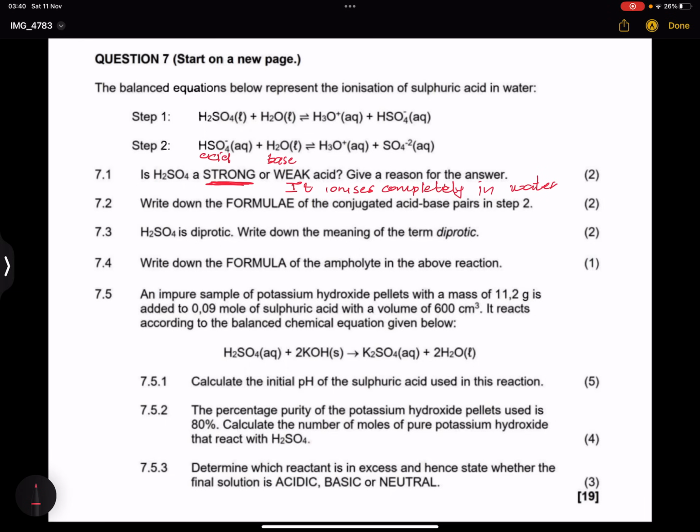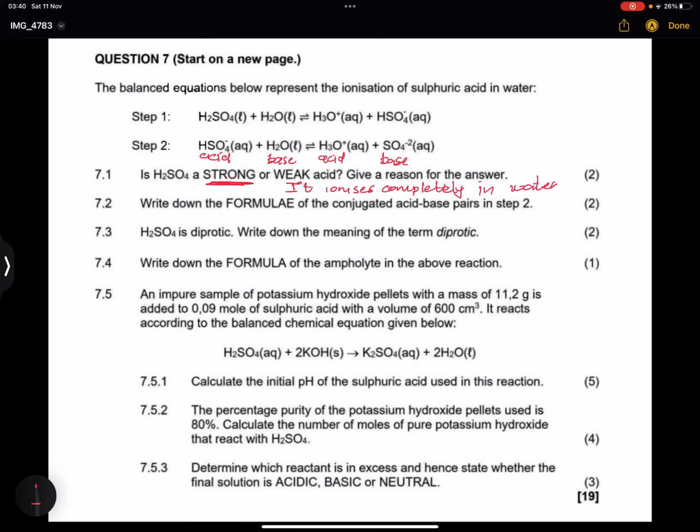And now, in the reverse reaction, so we know that we are going to have H3O plus, when it goes to the reverse reaction, it becomes H2O. So this guy would be the acid, as is always the case, and that would be the base.